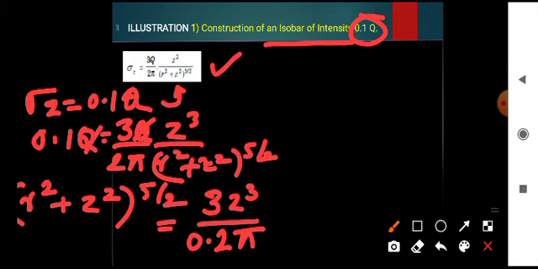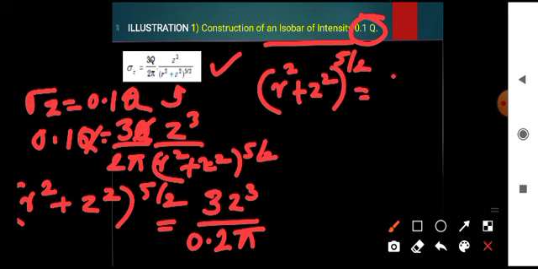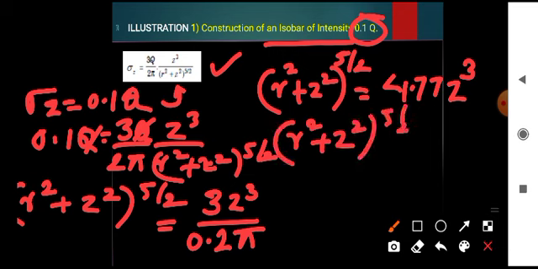Now if we further simplify the right hand side of this equation, (r square plus z square) to the power of 5 by 2 is equal to 4.77 z cube. Further, we can shift this power of 5 by 2 to the right hand side.